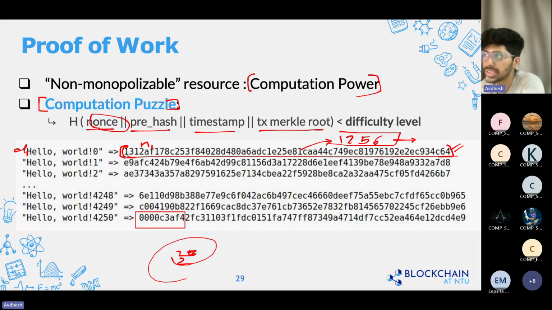As the mining progressed, the hash was this, and right now the hash looks something like this. Can you see a bit of difference here? During the early stages of Bitcoin mining, the hash was a full 256 bits. Now more zeros are getting added. That means the nonce is harder to calculate.